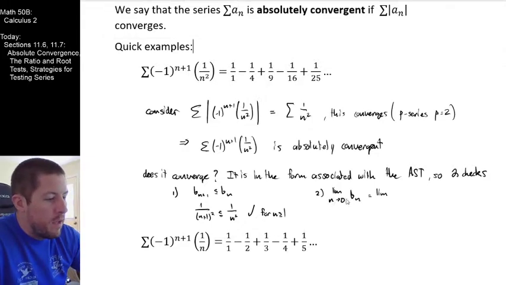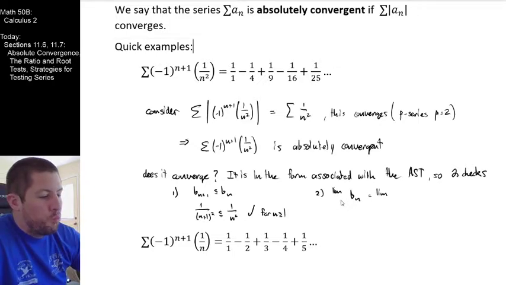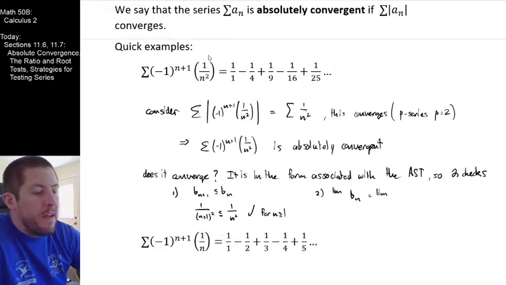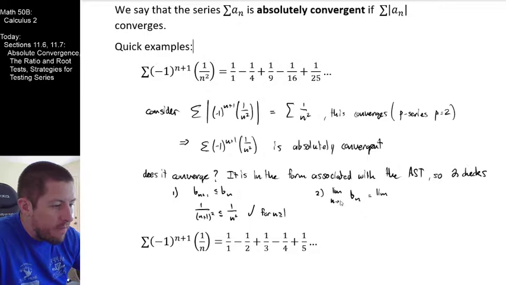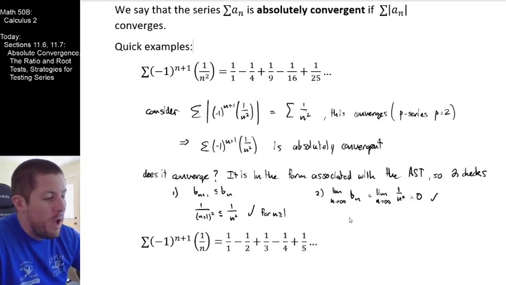The limit as n goes to infinity of the b sub n's, that's the 1 over n squared. That's clearly going to 0. And so it looks like by the AST, this series is also convergent.